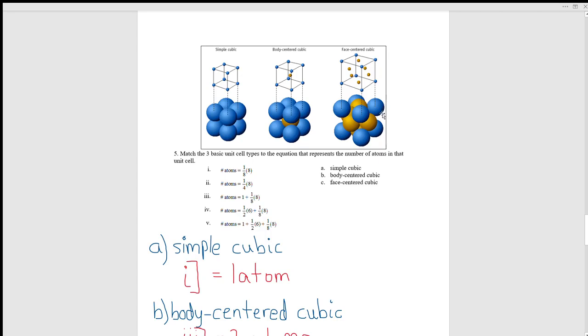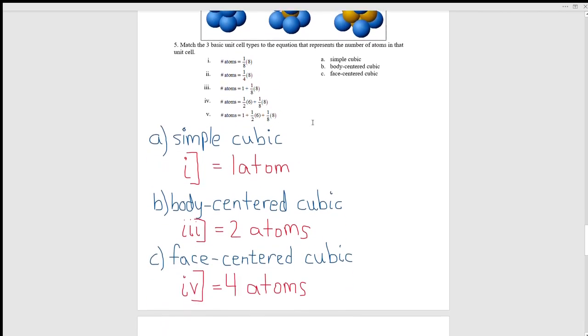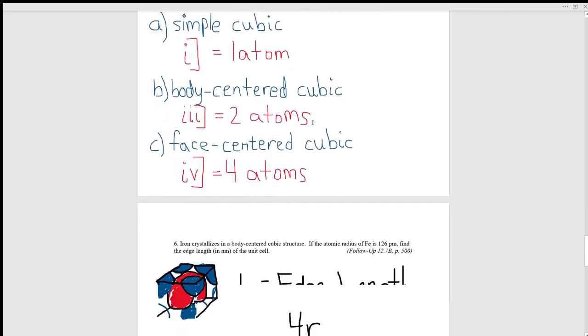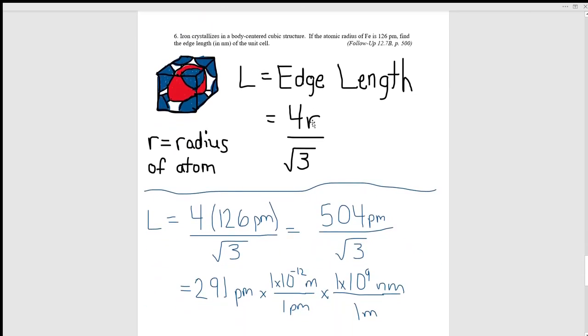Those 6 different faces, each of them representing 1/2 of an atom, when we multiply them together, we get 3 atoms that are represented by all of the faces combined in our face-centered cubic unit cell. And again, the vertices all add up to 1 atom. So therefore, 3 atoms plus 1 atom is equal to 4 atoms for the face-centered cubic unit cell.